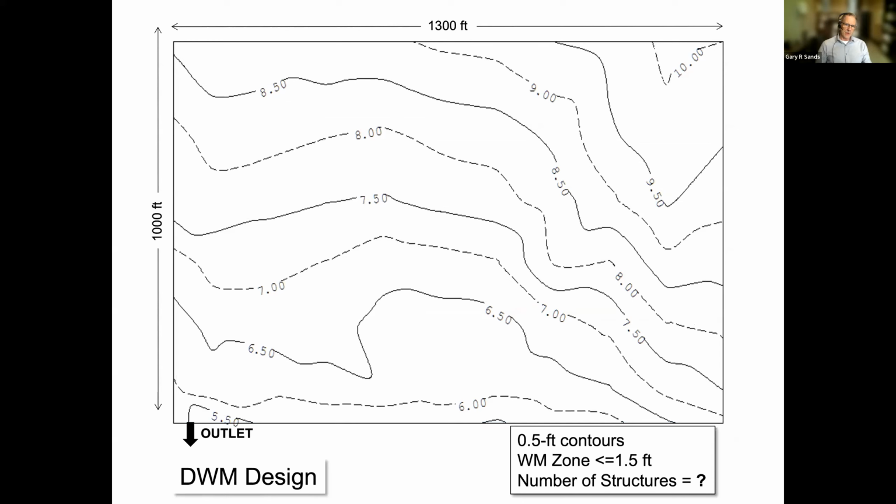I'd like you to take a few minutes and think about your tile layout and your zones and sketch out how you might approach this, again with a water management zone of 1.5 feet or smaller. You can put the tile anywhere you want. Sketch in a couple of laterals. Don't draw anything to scale. You don't have to pull your ruler out, but if you want to, that's fine.